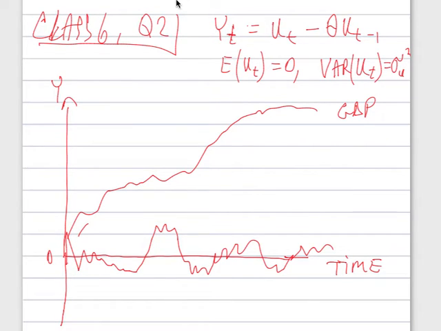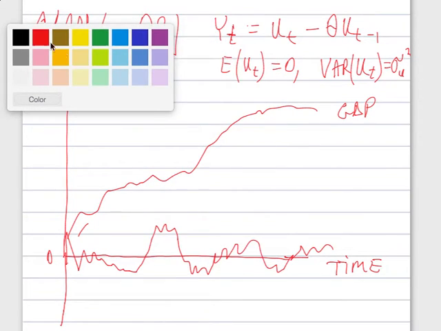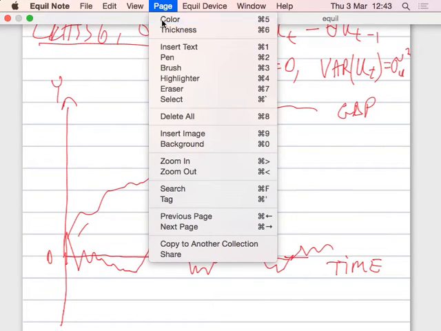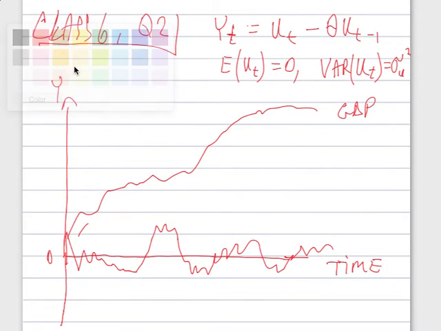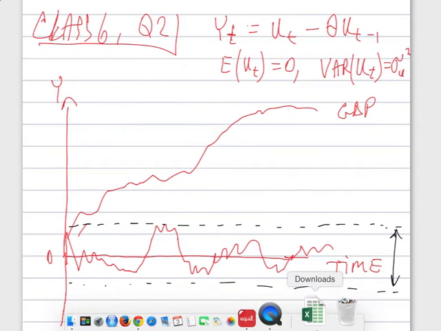Now, with a time series, when you have constant mean and constant variance, let's do it in black. The variance will not exceed this sort of band. You see this band is the sort of variance band.